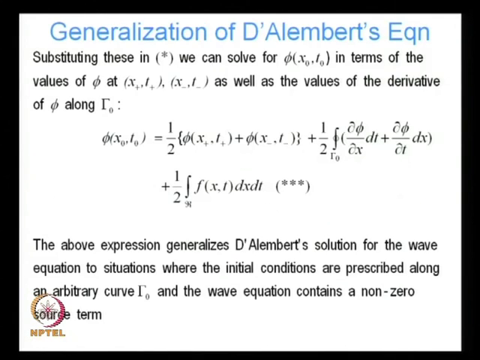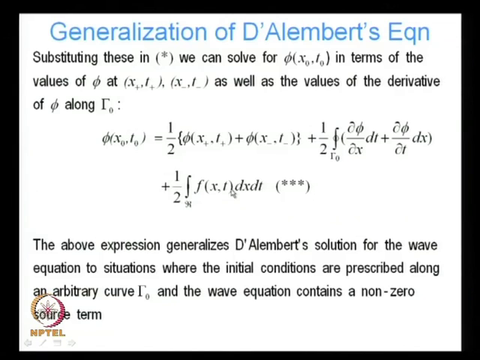If I do that, I get something like this: phi of x0, t0 is equal to half of phi of x plus, t plus phi of x minus, t minus, plus half of the integral of del phi/del x dt plus del phi/del t dx over gamma 0, plus the source term. So, this is my solution.